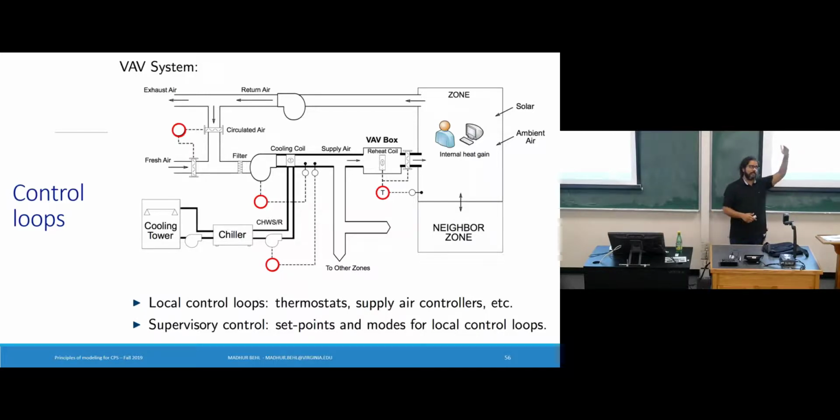Let me change the reference from 55 to 57. Let me start sending water at 44 rather than 42. And these minute changes, if we can predict what effect they will have on the electricity consumption, on the thermal comfort, then we have essentially succeeded in modeling the system for predictive control. So all of the story was to get to this point.